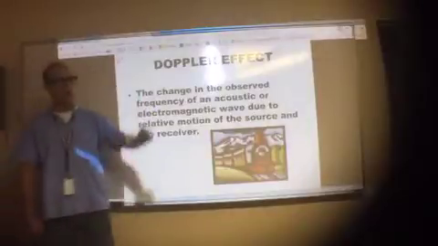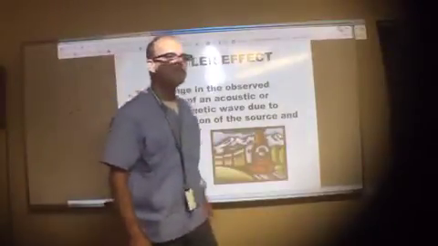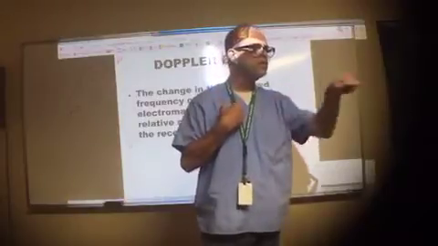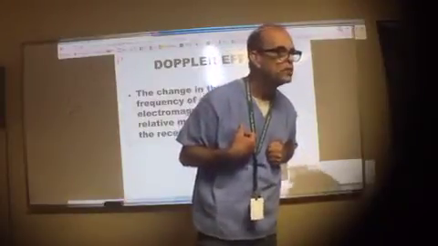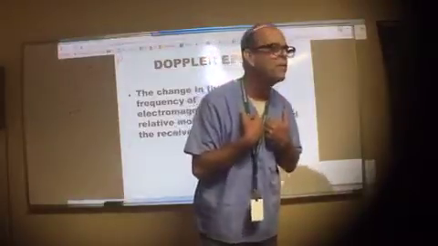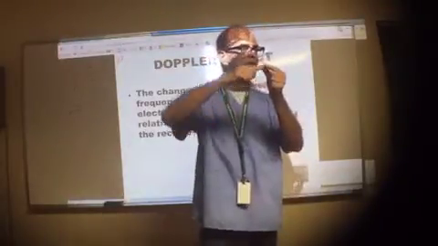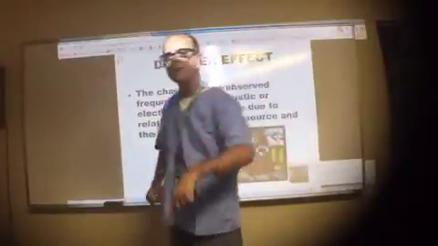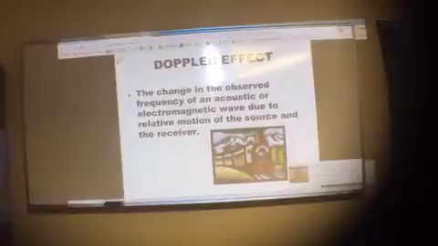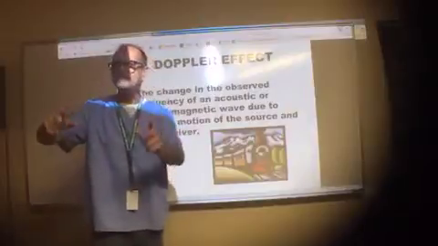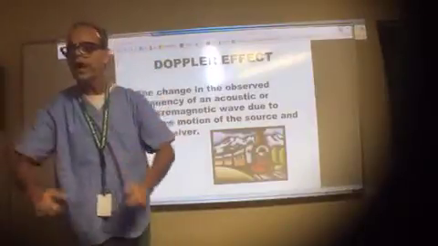The doctor wants to know the percentage of stenosis. To know the percentage of stenosis, you need to know the velocity of the blood. To know the velocity of the blood, you need to calculate the Doppler shift and compensate for the angle that you are scanning. What is the maximum angle that the doctor accepts? 60 degrees. Because at 60 degrees, you are measuring half and the machine is supplying the other half.